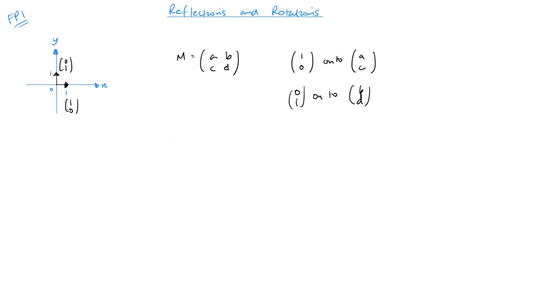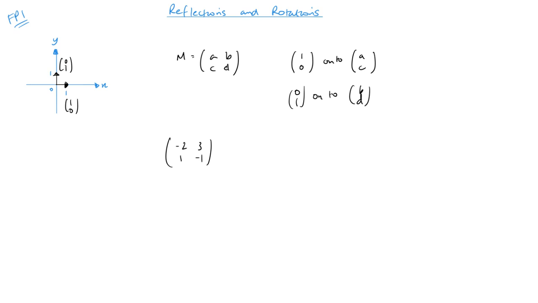So if I had the matrix (-2, 3; 1, -1), then (1, 0) is going to map to (-2, 1).